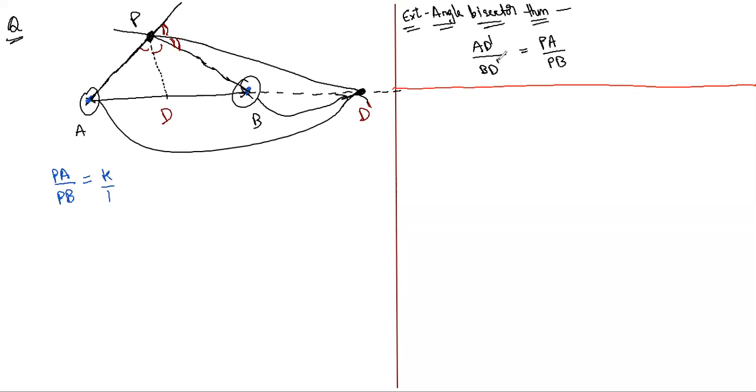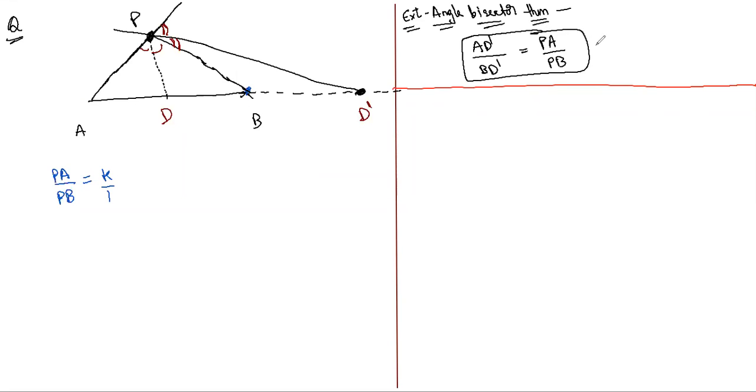That seems more logical, na? Yes, sir. That looks more symmetric. Yes. AD dash divided by BD dash is equal to PA by PB. This is the external angle bisector theorem. Okay. And in this question, this is also given as K.